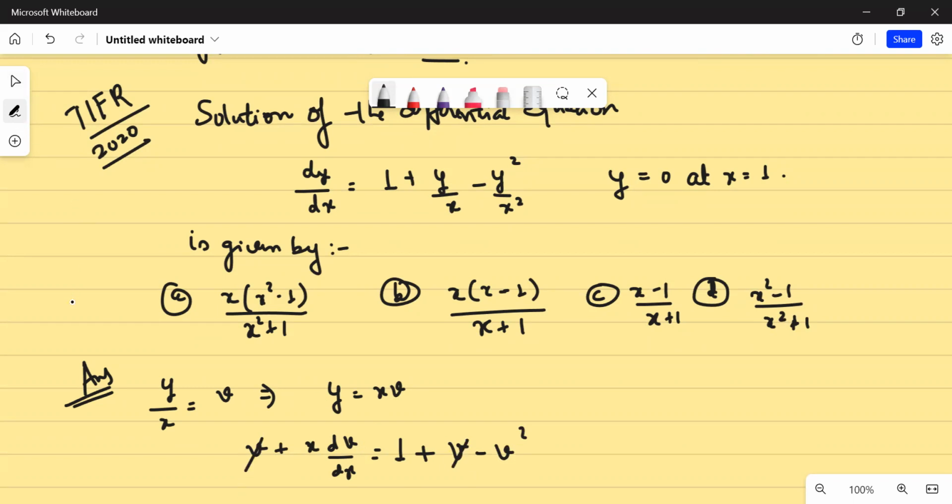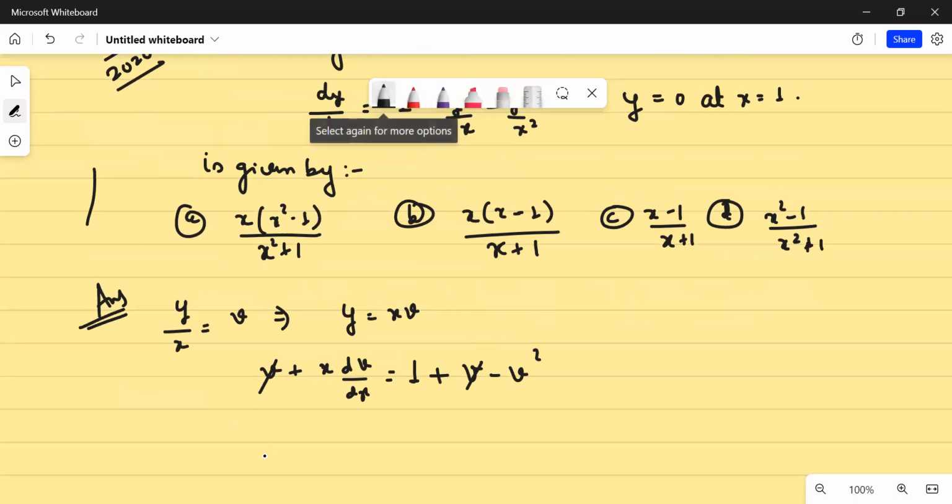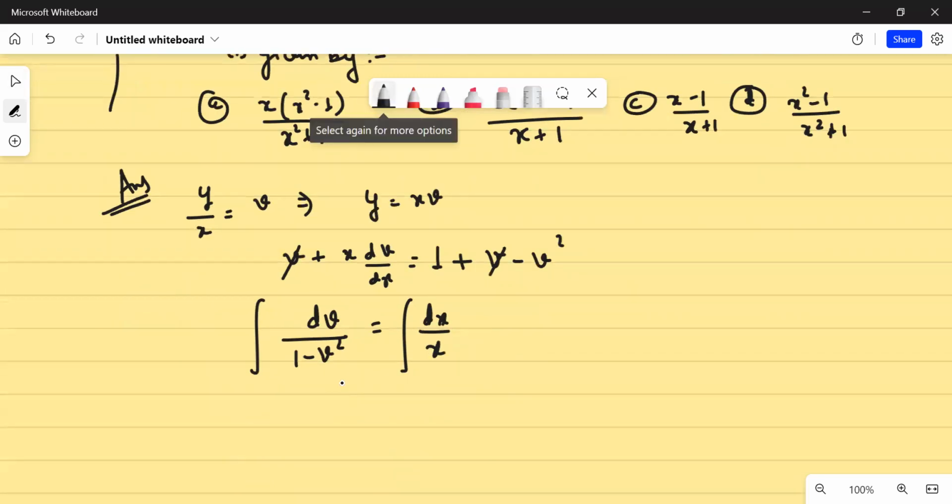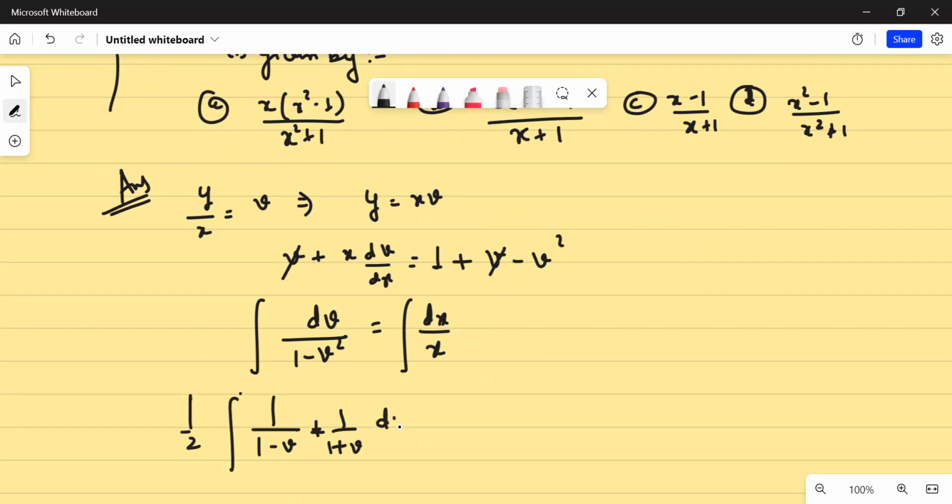And now everything is quite clear about what you have to do. You have to use the variable separable form and integrate on both sides. I hope you remember this formula. Even if you don't, as I right now don't remember the formula, I basically do this thing: integral 1 upon 2 and integration of this.